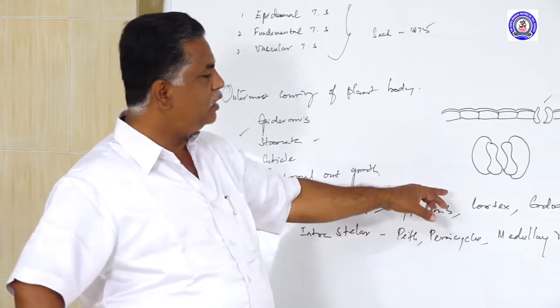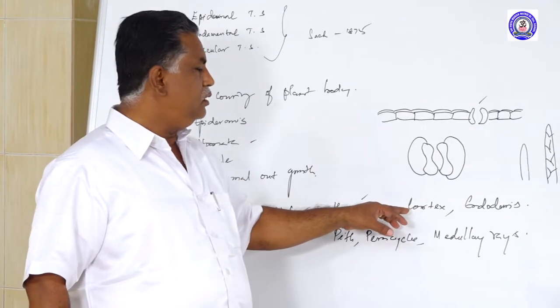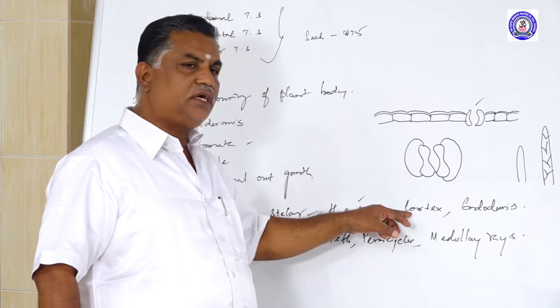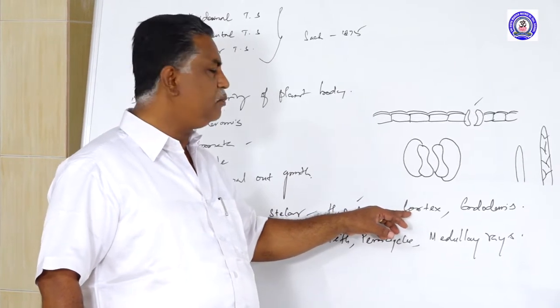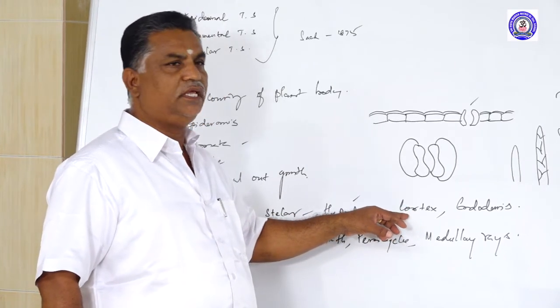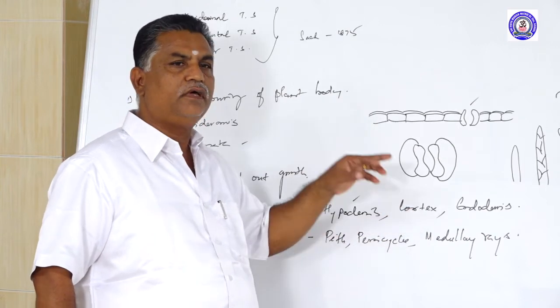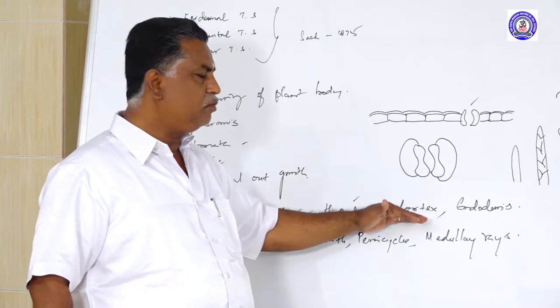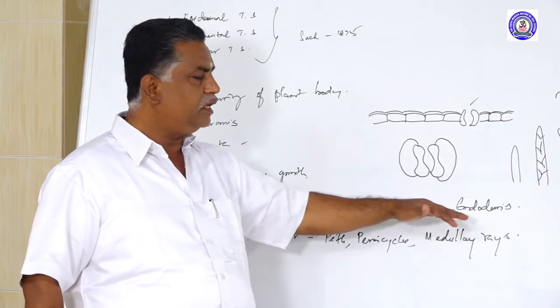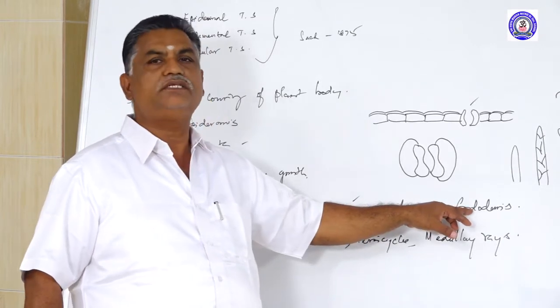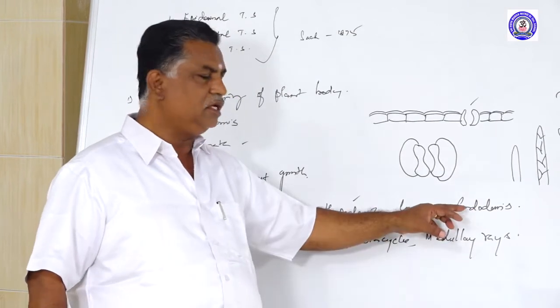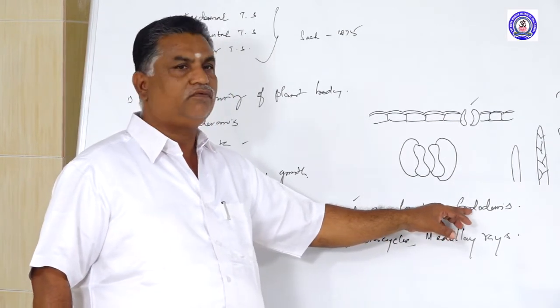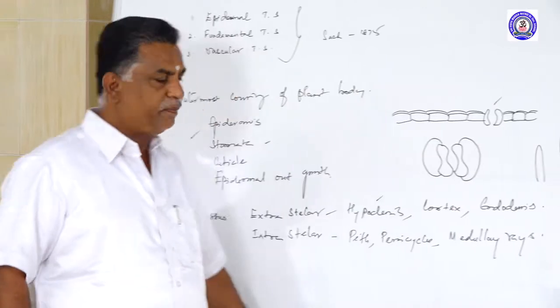Then cortex. What lies next to hypodermis is cortex. It is made up of mostly parenchyma cells. In some cases, especially in Helianthus, next to hypodermis it is made up of collenchyma, chlorenchyma and parenchyma. Then endodermis is a single layer of barrel-shaped cells. We will see about this in detail afterwards in the primary structures.